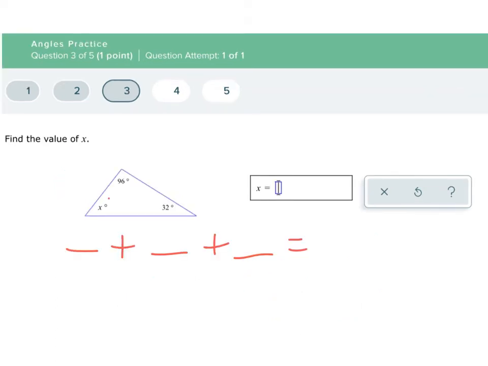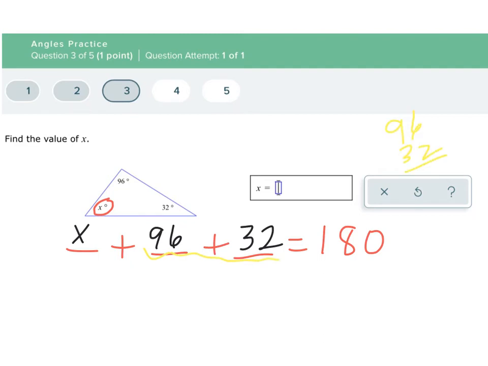Here's another one where we're looking for a missing interior angle. All three angles, if we add them together, should equal 180 degrees. So we have x, we have 96, we have 32 equals 180 degrees. Then simplify 96 and 32. So that gives us x plus 128 equals 180.